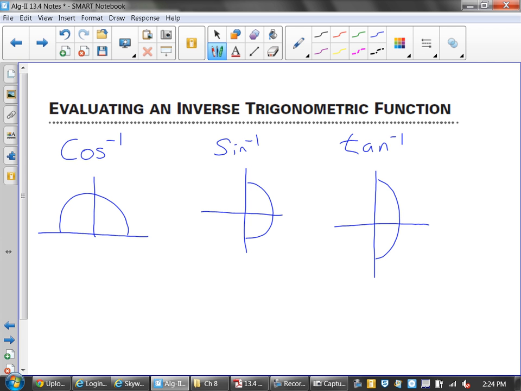One of the things that I want you to remember is that your tangent of 90 degrees, or your tangent of pi over 2, is undefined. Because it's y over 0. You can't divide by 0. Same thing here. So your tangent is always going to be between pi over 2 and negative pi over 2, not including, because it can't equal pi over 2.